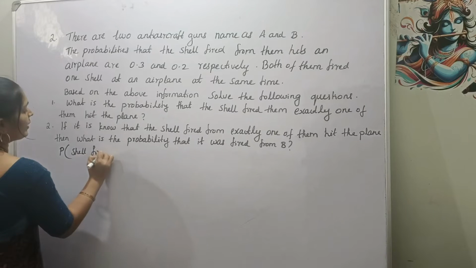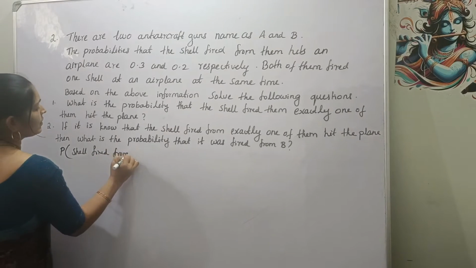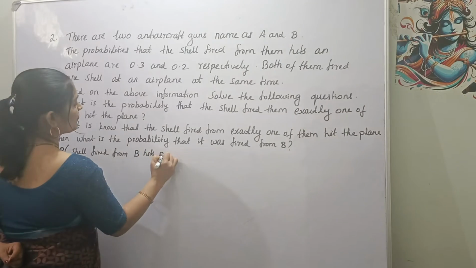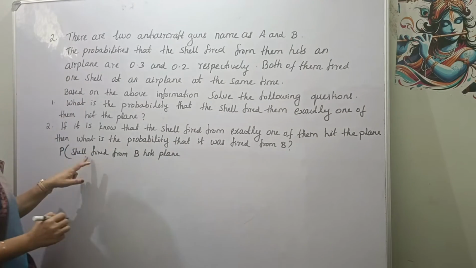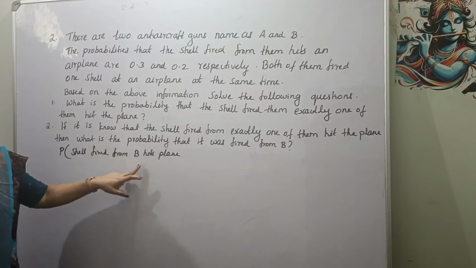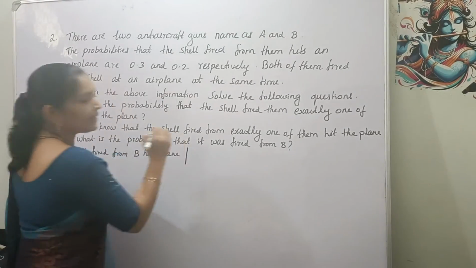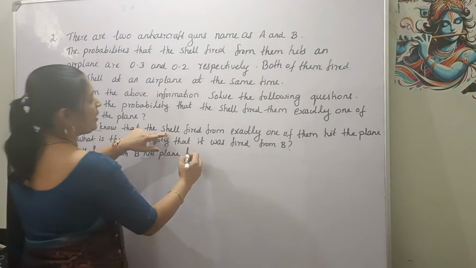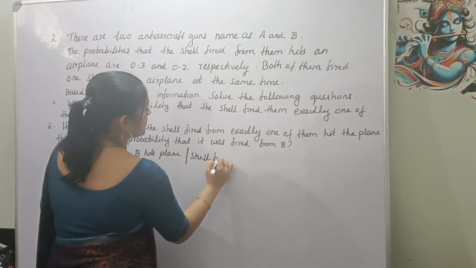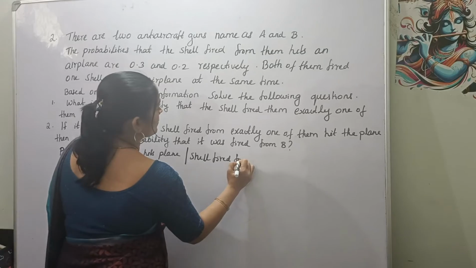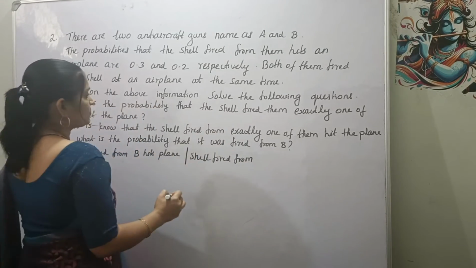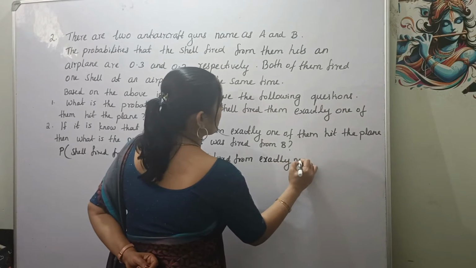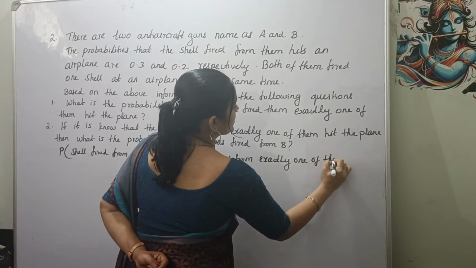Okay? That is, we have to find the probability of shell fired from B hits the plane, given that the shell fired from exactly one of them hit the plane.